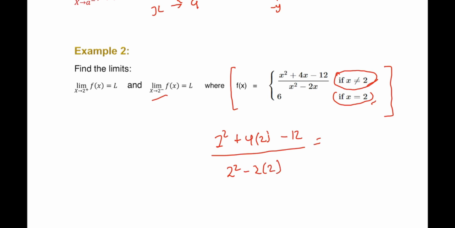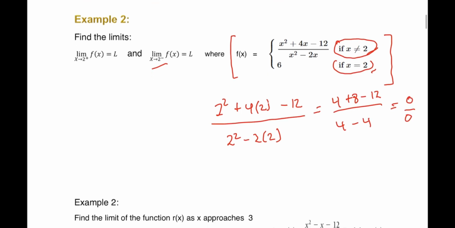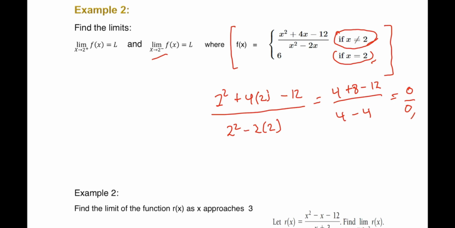The top gives 4 plus 8 minus 12, and the bottom is 4 minus 4, which is 0 over 0. So in this case it is an indeterminate form, right? And we don't like it that way.